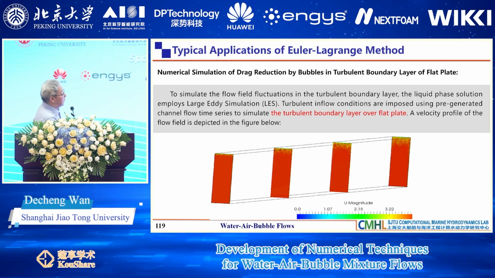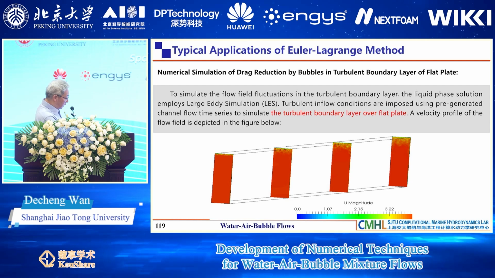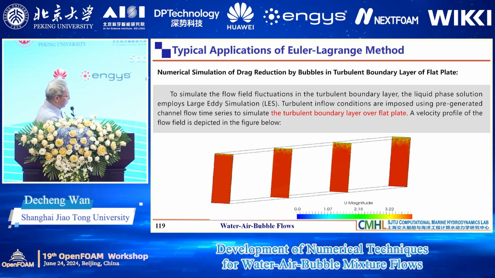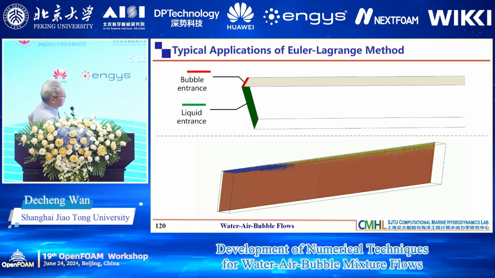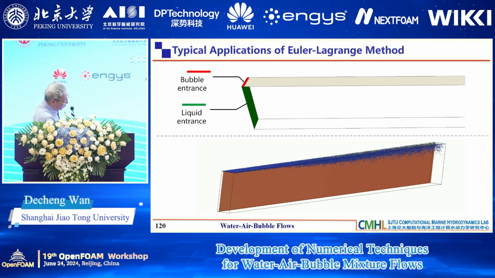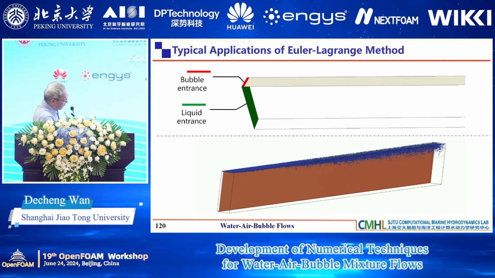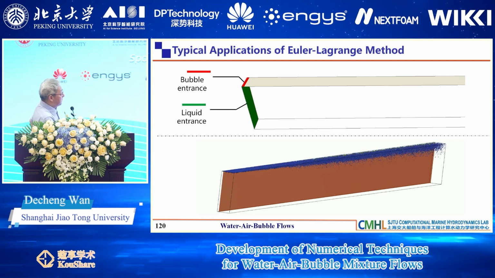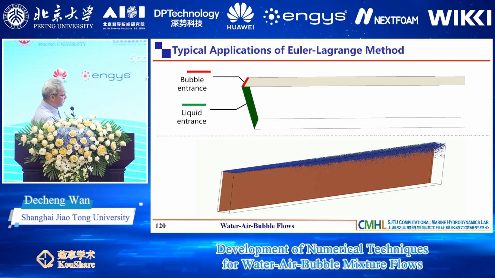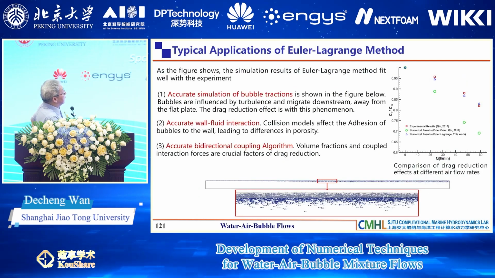Here I show you one example. This is a bubble flow along a plate in the boundary layer flow. You can see this is the bubble, and this is the incoming current. You can see the bubble flow along this plate, and the bubbles along the turbulent flow.